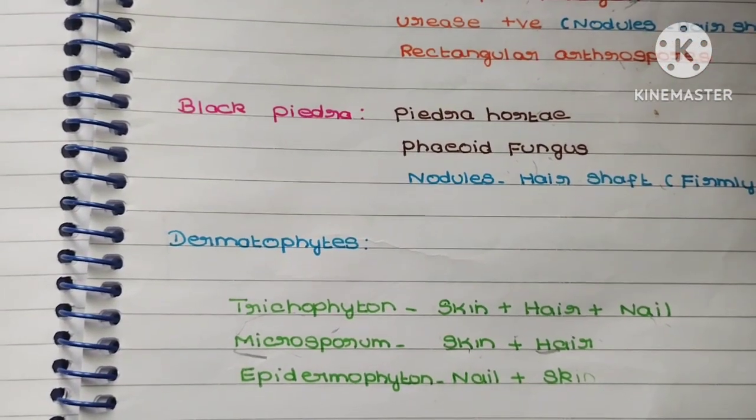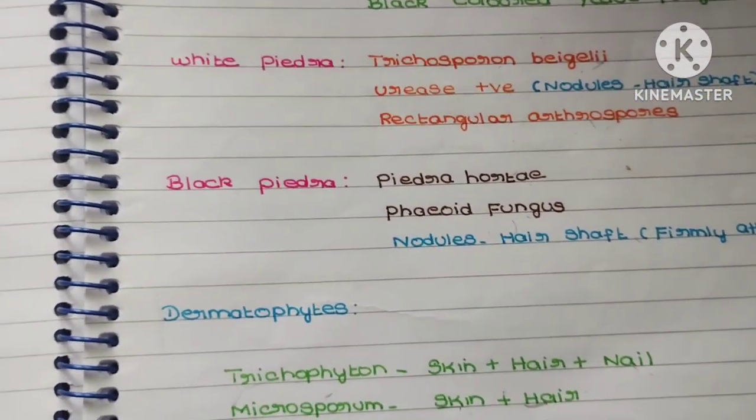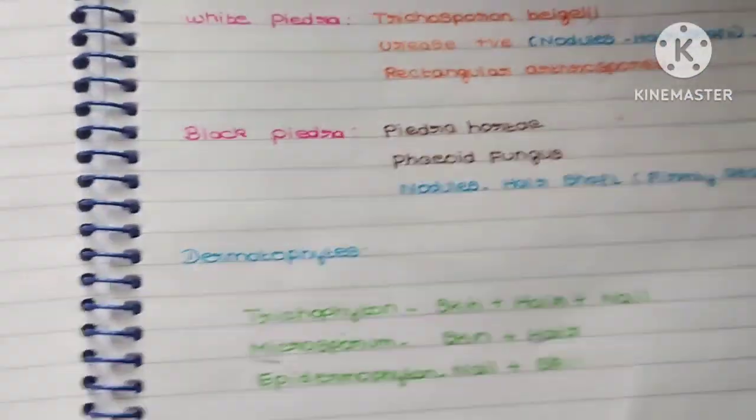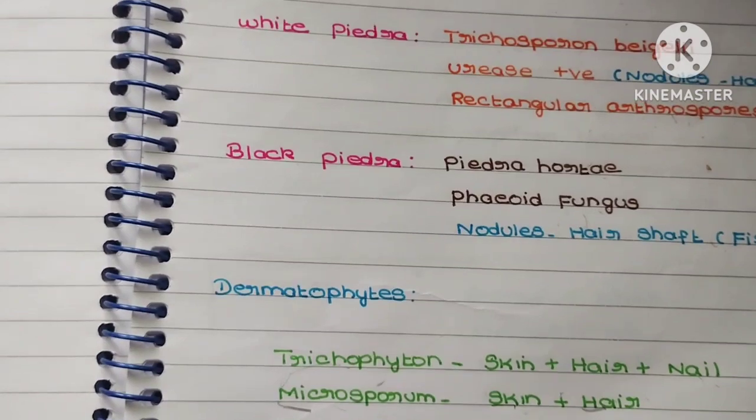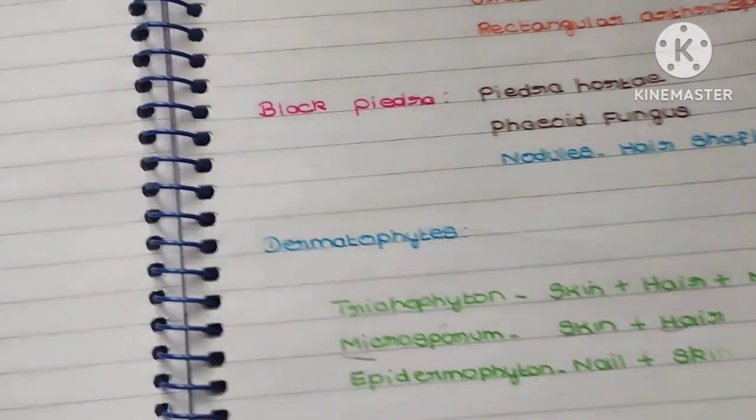Next is Epidermophyton. It affects the nail and the skin. You can remember this like enteric nervous system, ENS.